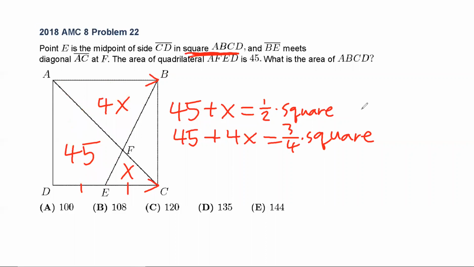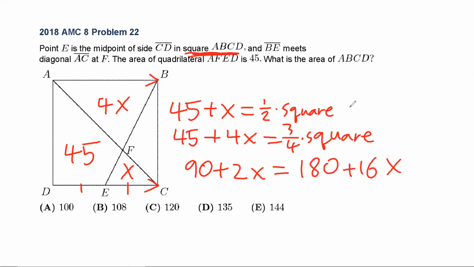Okay, so essentially we have two equations set up here. And if we just isolate square and set it equal to itself, we get that 90 plus 2x is equal to 180 plus 16x over 3.